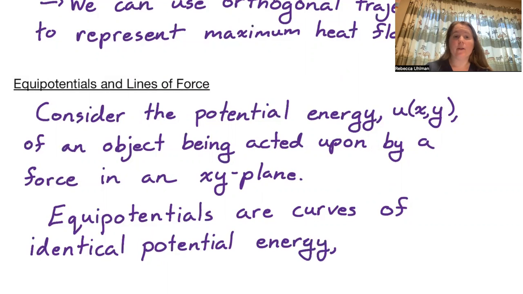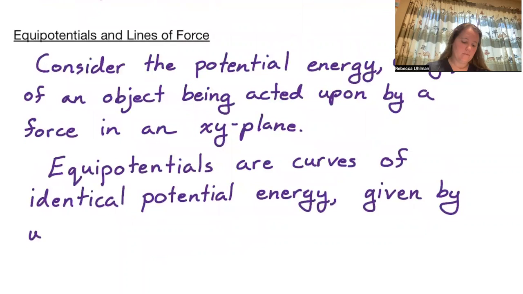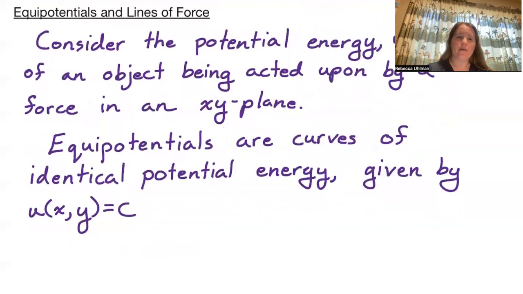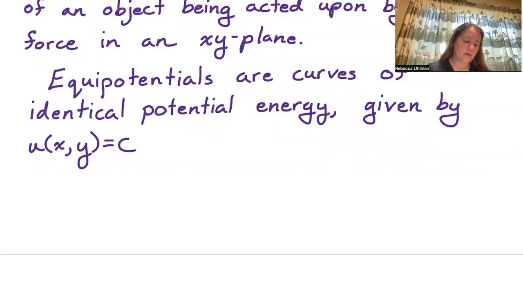And just like with the isothermals, equipotentials are just given by the equation u of x, y equals c. In this case, the orthogonal trajectories are called the lines of force.